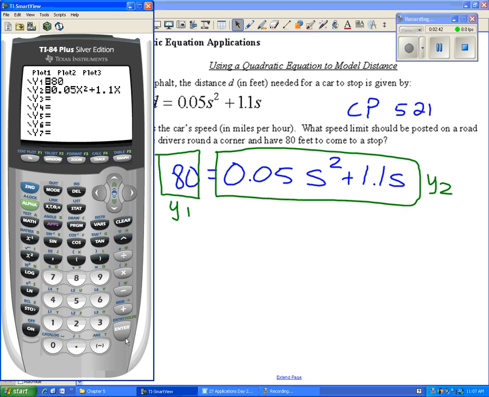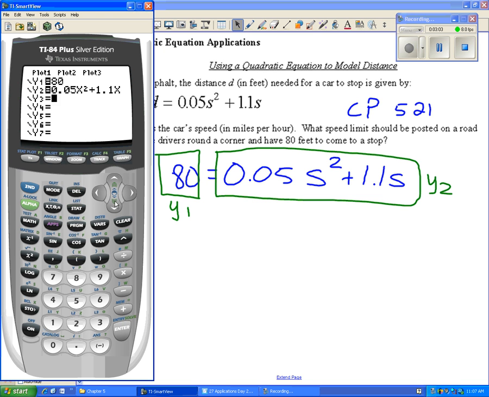So at this point, I want to go ahead and graph. And if I hit graph, I sort of see something there, but I really don't see both equations. I need to see both lines. Let's go back to y equals. I have a y1 of 80 and a y2.